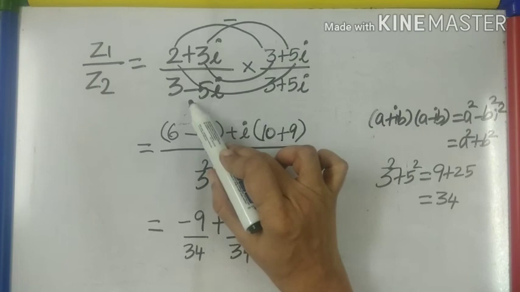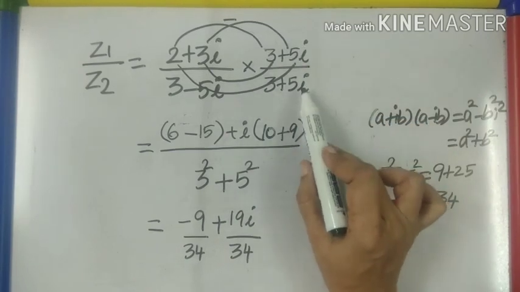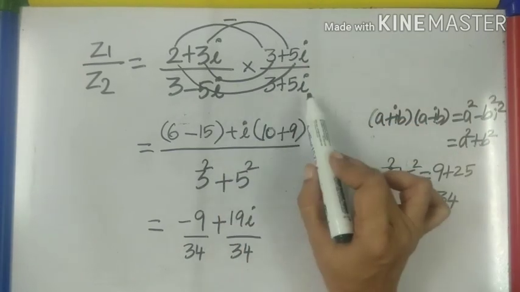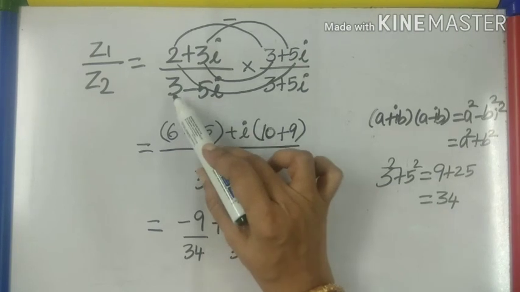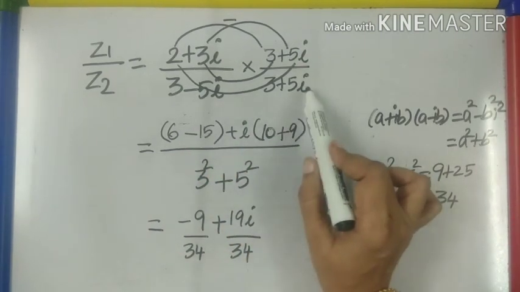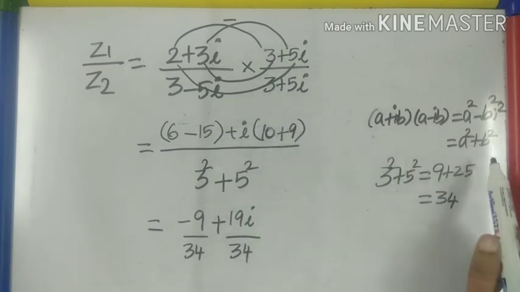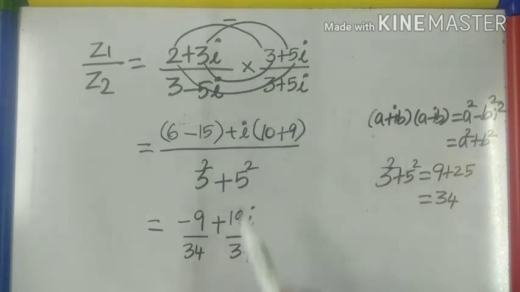So denominator, whatever is the number coming, let me multiply numerator and denominator by the conjugate. Conjugate means change the symbol for imaginary. As I multiply, denominator becomes a simple concept, square plus square. So 3 square plus 5 square.